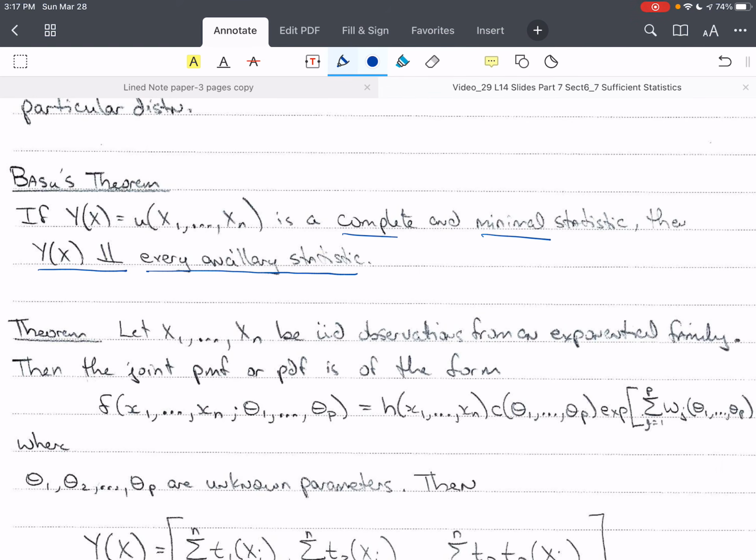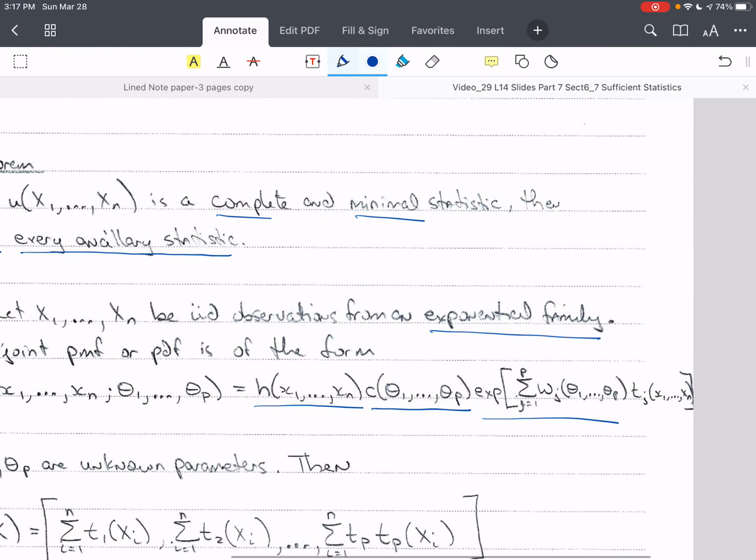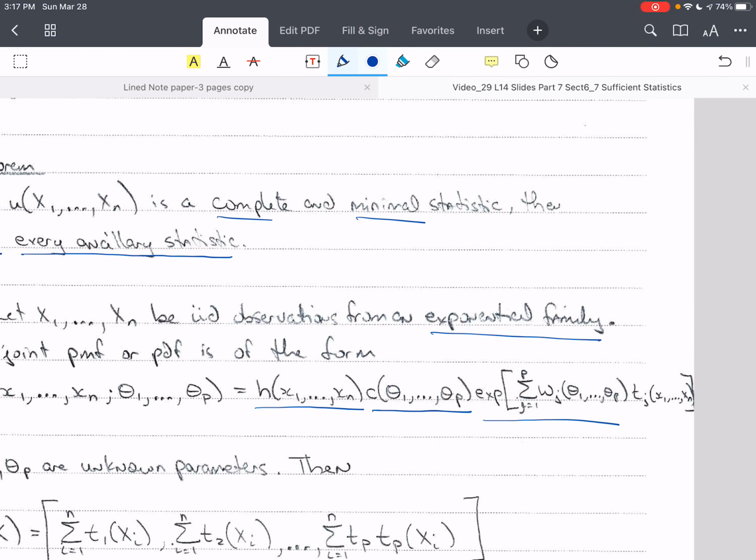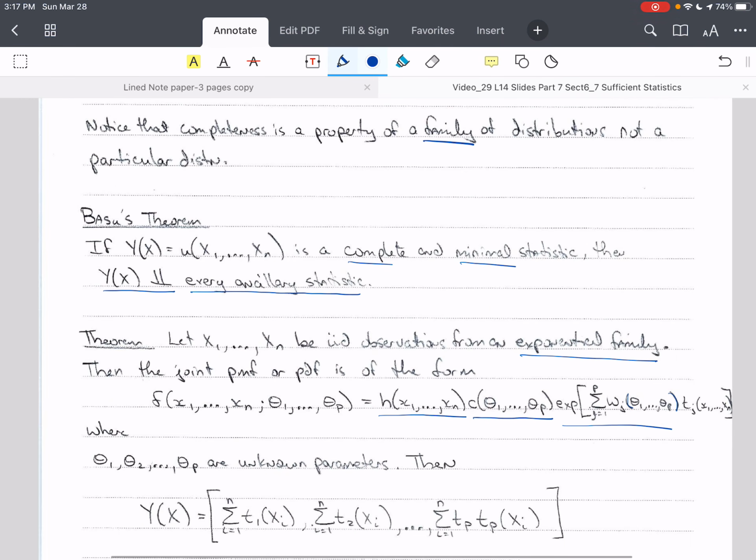Another theorem: let x1 to xn be IID observations from an exponential family. Then the joint PMF or PDF is of the form h of x1 to xn, c of theta 1 to theta p, exp of the sum of wj of theta 1 to theta p times tj of x1 to xn, where theta 1 up to theta p are unknown parameters.